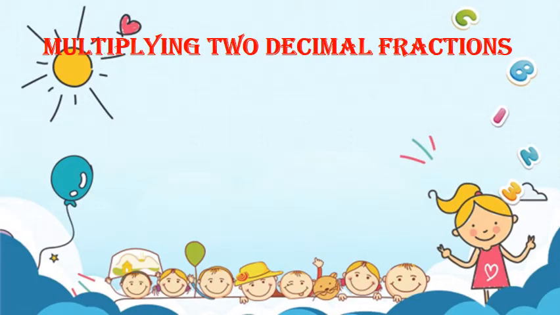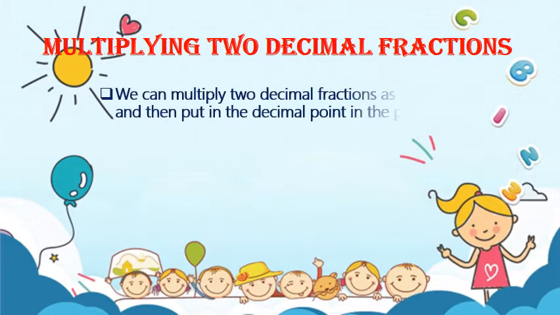So children, how do we multiply two decimal fractions? Well, the first step is that we multiply the two decimal fractions as whole numbers and then put in the decimal point in the product.